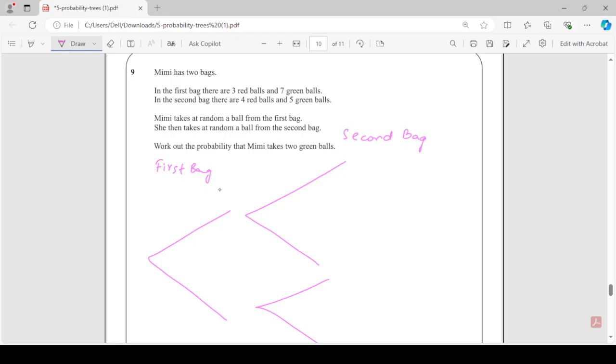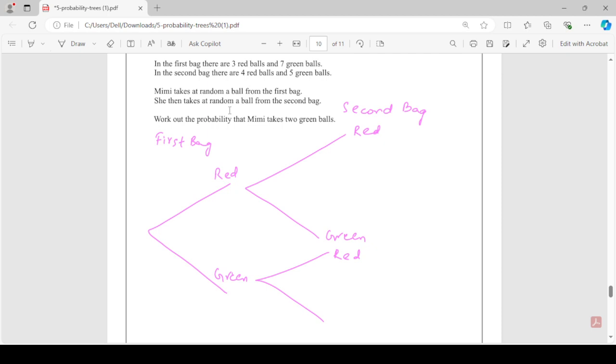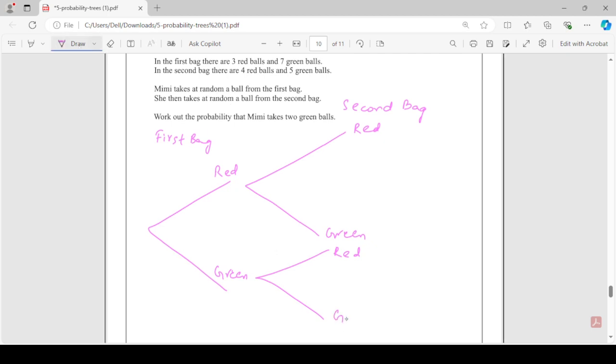Total number of, okay, you have red, green, red, green, red, and green. Total number of balls in the first bag is 7 plus 3, which is 10. Total number of balls in the second bag are 9.